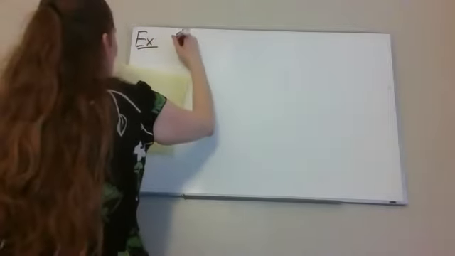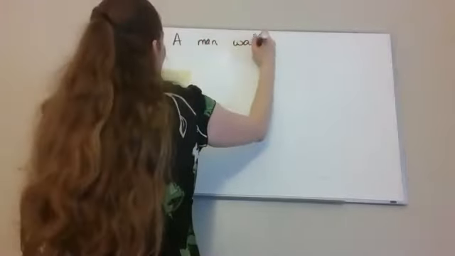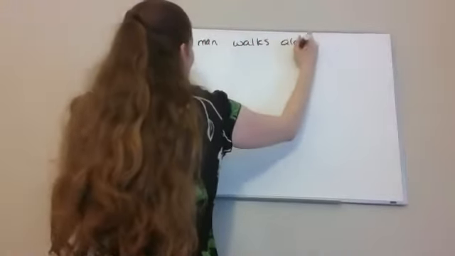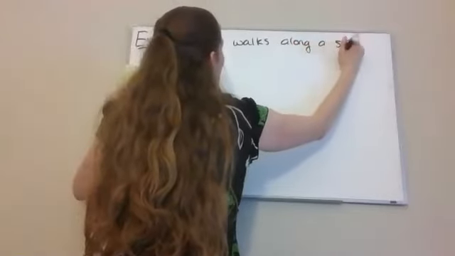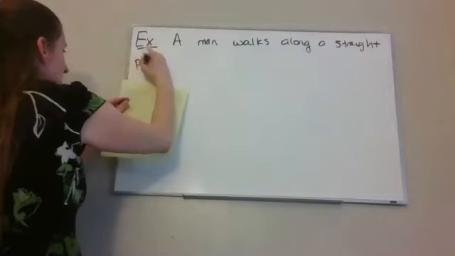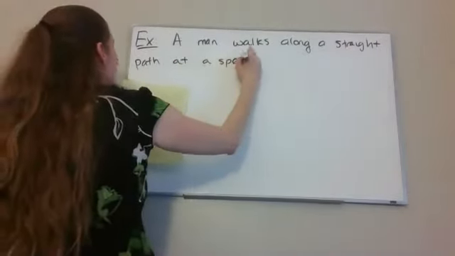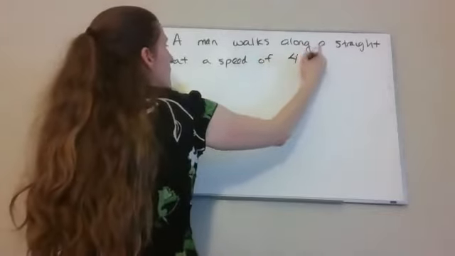So an example: a man walks along a straight path at a speed of 4 feet per second.